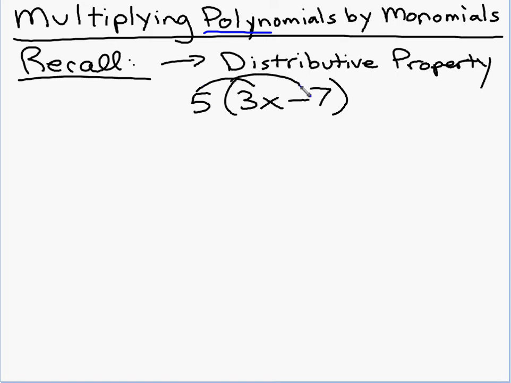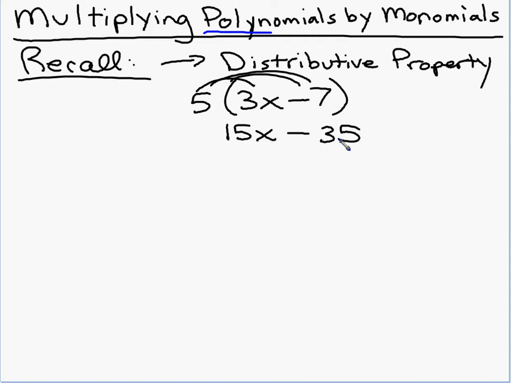Yes, we distribute 5 times 3, which is 15x, and I actually do the multiplication over the top of the addition or subtraction. So then I do 5 times 7, which is 35. You'll actually have a few problems like that as part of your assignment, just as review.